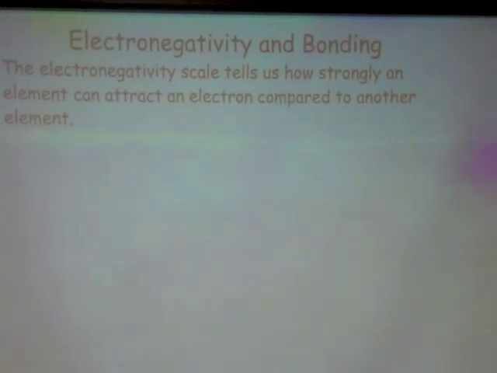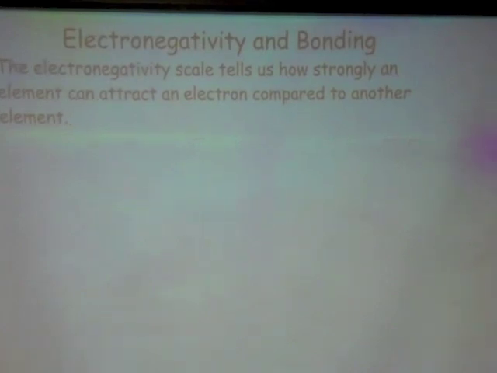Where on the periodic table do we find elements that have a very large electronegativity? Okay, I'd show you a table of electronegativity values right now, but I would be breaking copyright, and so I can't do that. Tomorrow in class we'll look at our books and we'll see some actual values, one element compared to another for electronegativity.